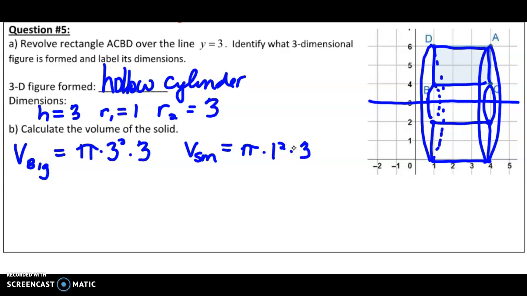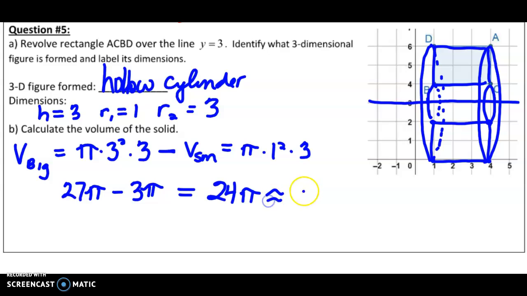So the overall volume, you're going to subtract these two things, the big minus the small. That will be 27 pi minus 3 pi. So the whole volume is going to be 24 pi, and that is approximately 75.4, I think.